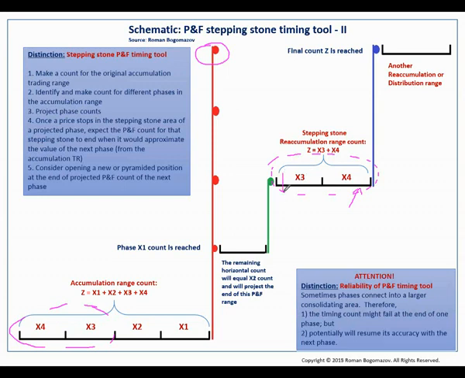We know how many columns we have to create in this area of consolidation for us to create a stepping stone count that will match the price movement to the upside to this objective right here. So somewhere in this area, we're going to be extremely alert, and we're going to start looking for the evidence of supply absorption and any bullish signs.